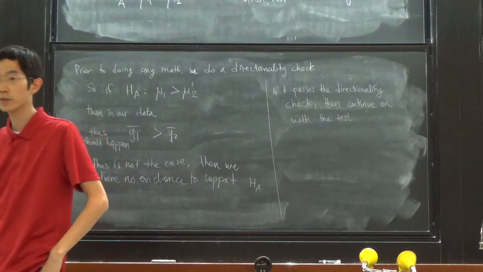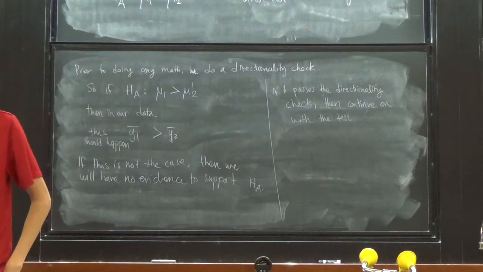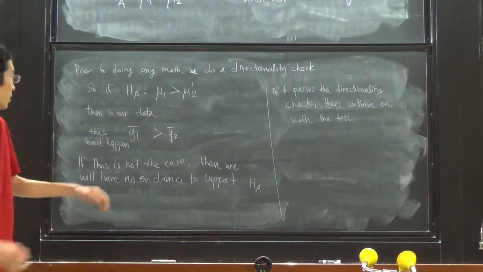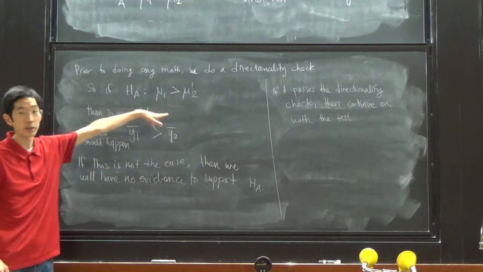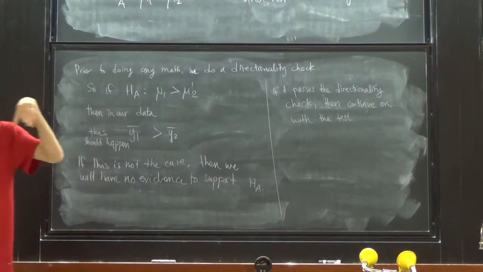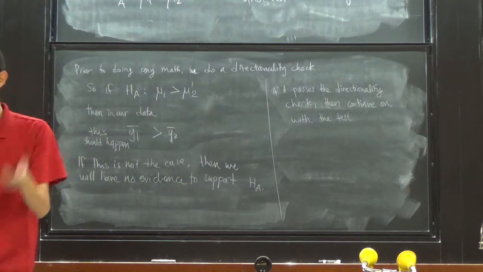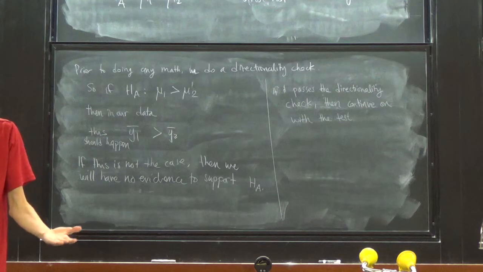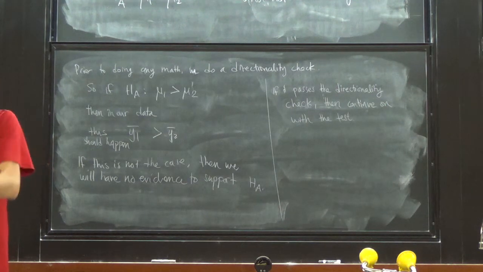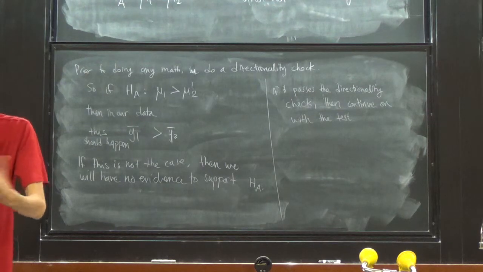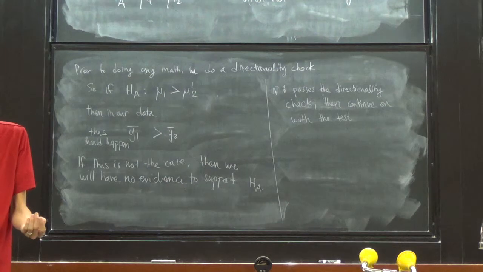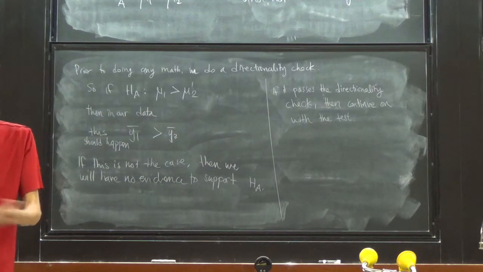In the directionality check, is it y bar 1 greater than y bar 2? Yeah, if your alternative says that mu1 is greater than mu2. If your alternative says the opposite, mu1 is less than mu2, then y bar 1 in your data should be less than y bar 2 in your data. So you just want to make sure that the data goes in the same direction as your alternative hypothesis. Otherwise, there's no point.